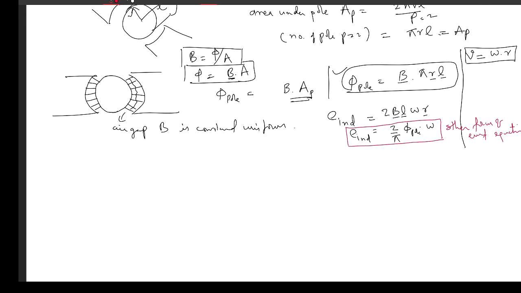So what you notice: E induced is equal to 2 times BLV, or E induced is equal to 2 by pi phi per pole into omega. Let me assume that this phi represents only flux per pole, so I don't write it every time.